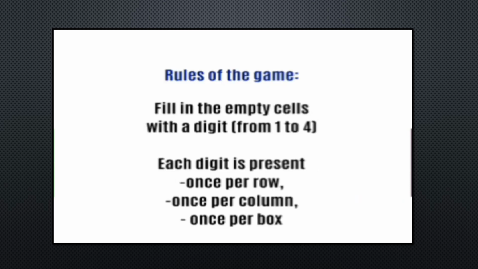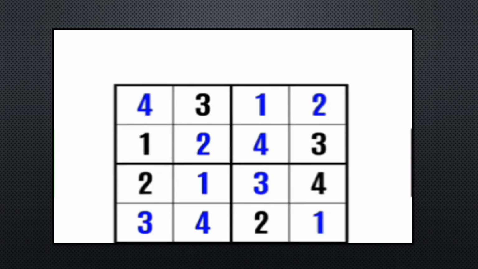Rules of the game are very simple. Fill in the empty boxes from 1 to 4, making sure each digit is present only once per row, per column, and per box. We can see the example here.